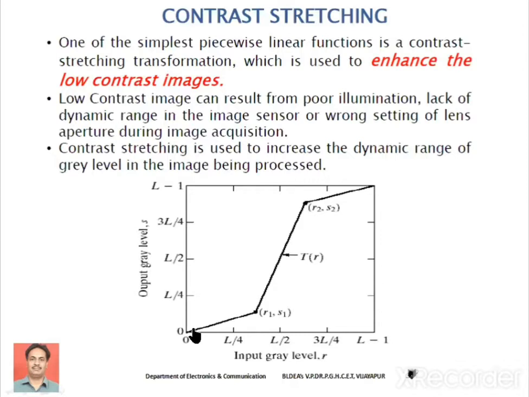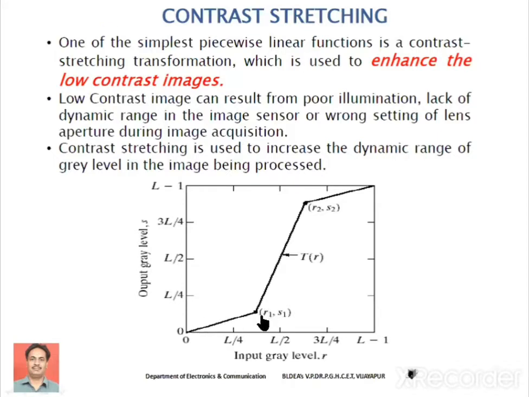On the x-axis we have the intensity levels 0 to L minus 1, and on the y-axis the intensity values for the output image, again 0 to L minus 1. Here we have a typical contrast stretching curve.